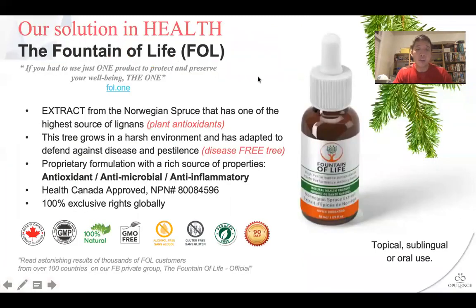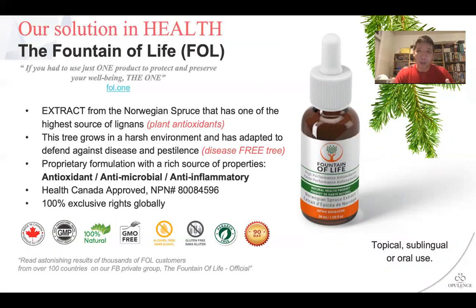So again, the solution that Opulence Global has provided in this product called Fountain of Life is a great quote: if you just had to use one product to protect and preserve your well-being, it's the one, Fountain of Life. It's the extract from the Norwegian spruce that has the highest lignans in the world, plant antioxidants.